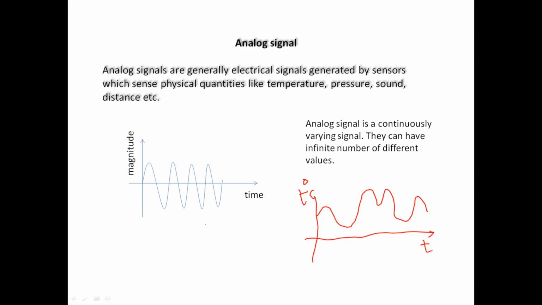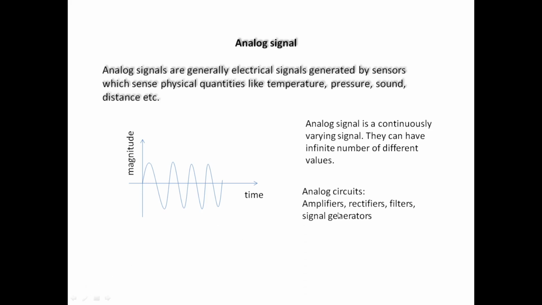You are familiar with the analog signal which is similar to the sinusoidal waveform. You are familiar with this type of waveform. The signals are handled by circuits like amplifier, filter, rectifier. You are familiar with these analog circuits.